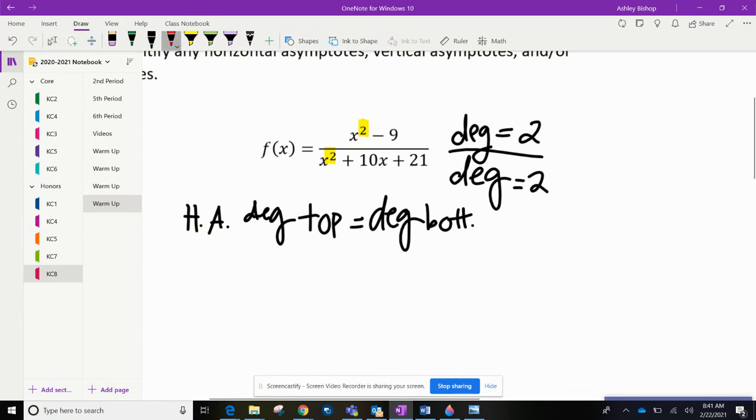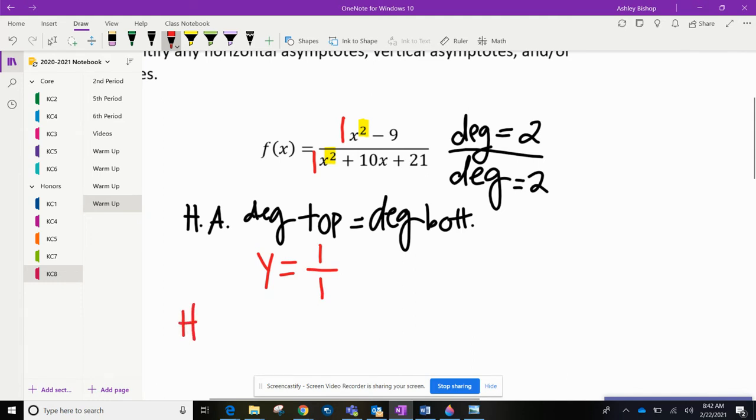Your leading coefficient is your number in front of the variable. The variable is the letter. So the number in front of this letter right here is 1, and the number in front of this variable right here is 1. So my horizontal asymptote is going to be y equals 1 over 1, the leading coefficient of the top divided by the leading coefficient on bottom.